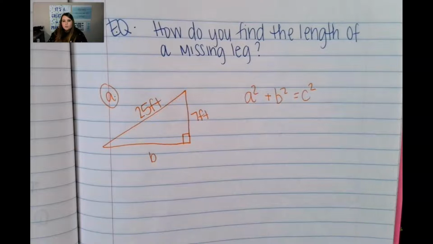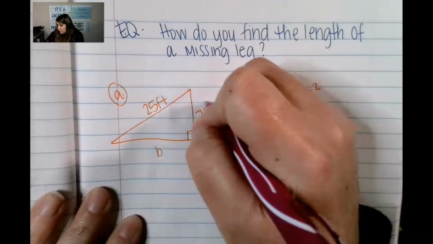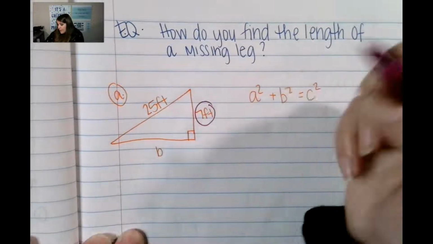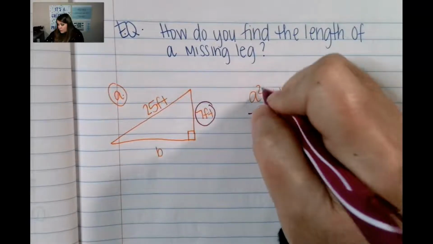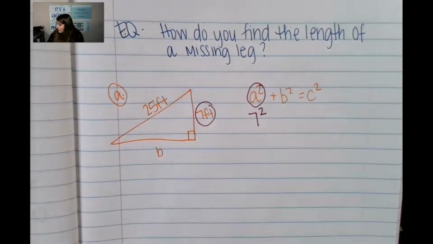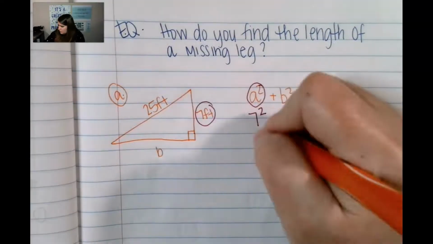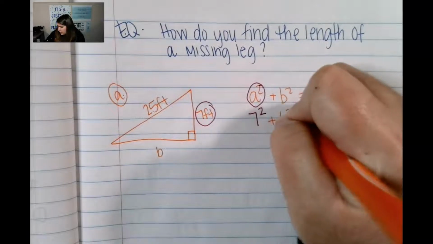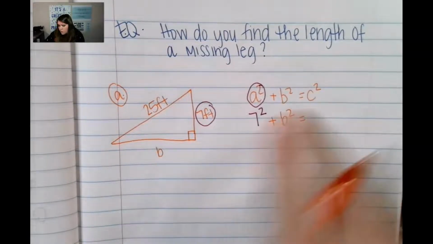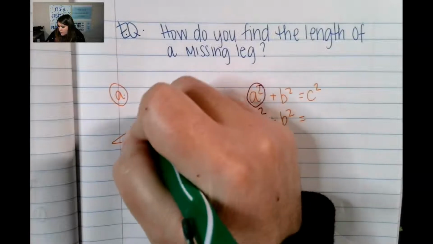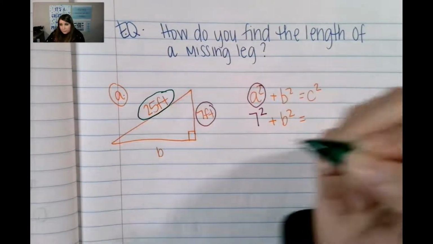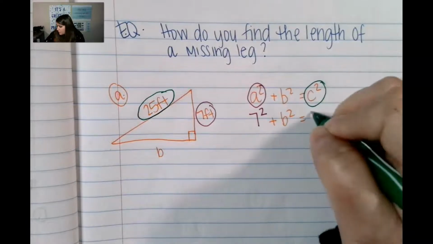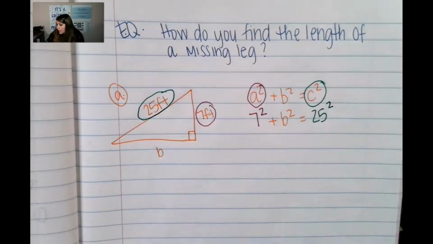So what do I know? Okay, well, I know 7 feet is length A because it's on the side. So 7 squared is going to go in the A. I don't know the B, so I don't know B squared. I do know the C. Well, the C is right here on that hypotenuse, the diagonal. So the diagonal is 25 squared.